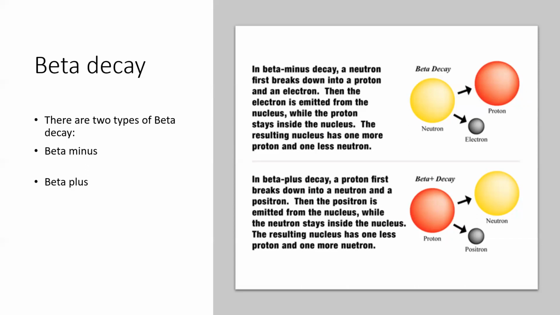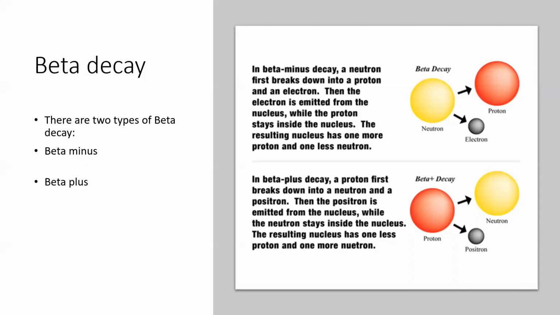When a neutral particle breaks down into a positive particle, in order to balance things, a negative particle is also created. That electron is emitted from the nucleus, but the proton that is created stays inside. Therefore, the daughter nucleus has one extra proton and one less neutron.